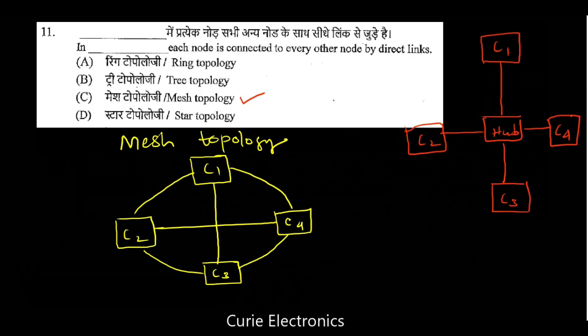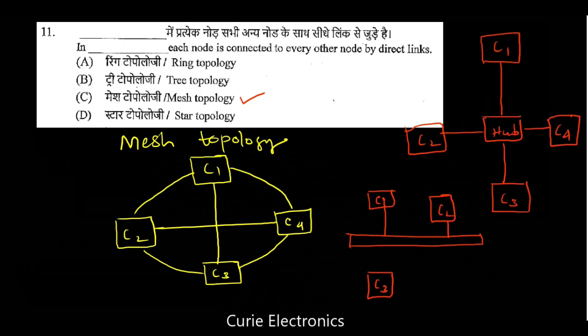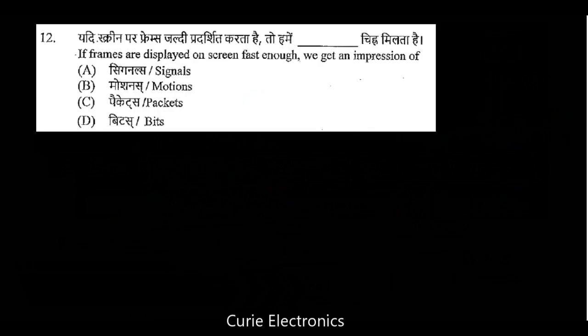Then there is a bus topology. In bus topology, there will be a common bus, and different systems C1, C2, C3, C4 will be connected to this bus. This is the common bus for communication. So the answer is mesh topology.